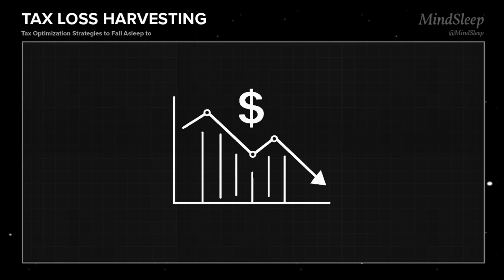Let's explore this further by considering the intricacies of executing a tax loss harvesting strategy. One of the most critical aspects to navigate is the wash sale rule. This rule, implemented to prevent abuse of the tax loss harvesting strategy, prohibits claiming a loss on a security if you purchase the same or a substantially identical security within 30 days before or after the sale.